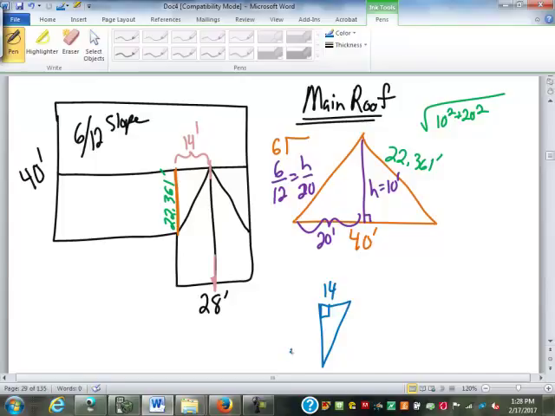We got 14, 22.361. Our next triangle is going to be 12 and X. 12 over 14 equals X over 22.361.